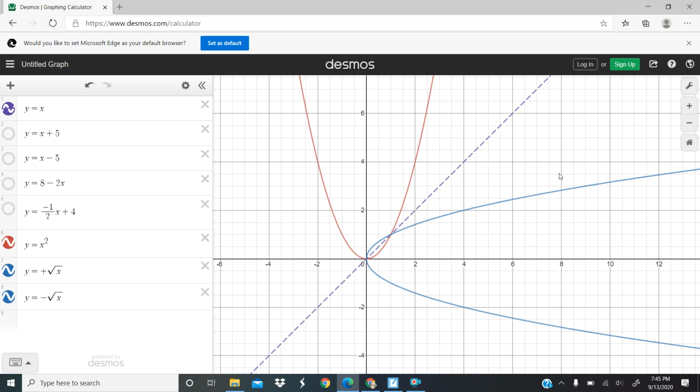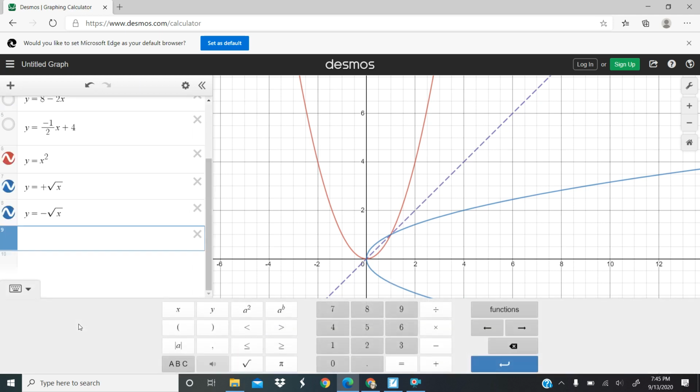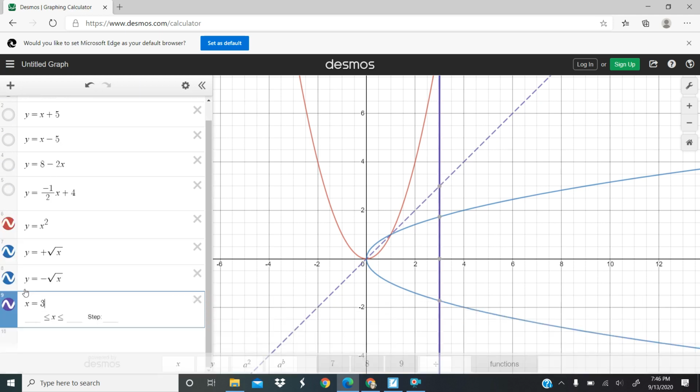One thing to note is that the sideways parabola, where it has the positive version up here and the negative version down here, is not going to be a function anymore. To be a function, something has to pass the vertical line test, which means if you have a vertical line on the graph, for example x equals 3, just as a random example, it can't touch your graph in two separate points.